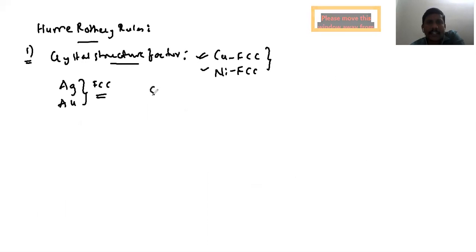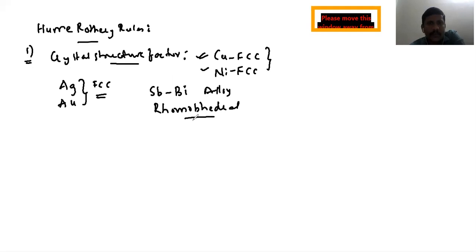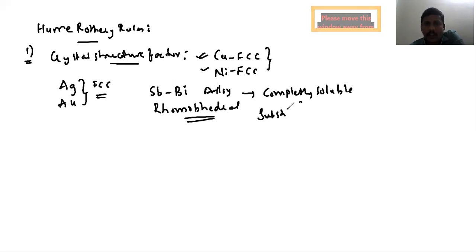If you take an antimony and bismuth alloy, they both have a rhombohedral crystal structure, and they both are completely soluble to any extent in the solid state, and they form a substitutional solid solution.